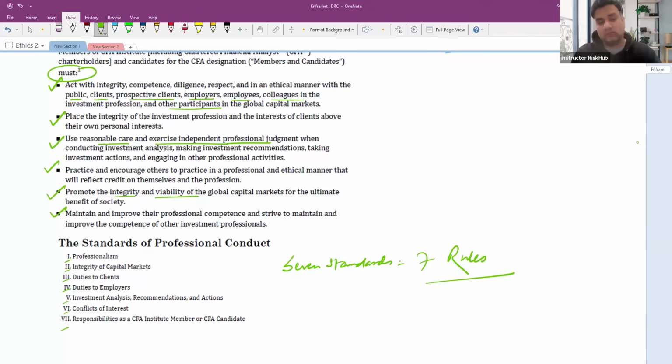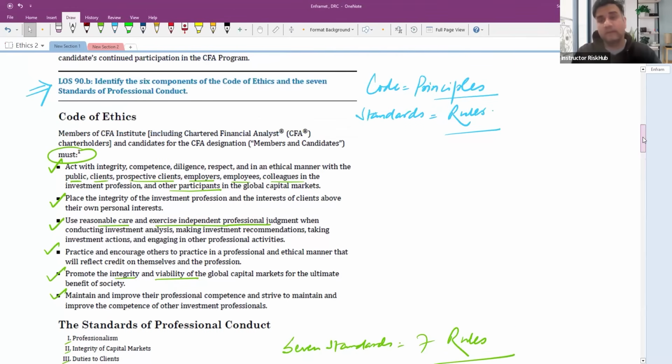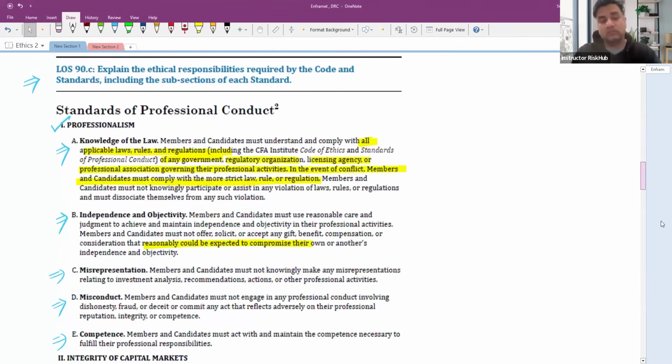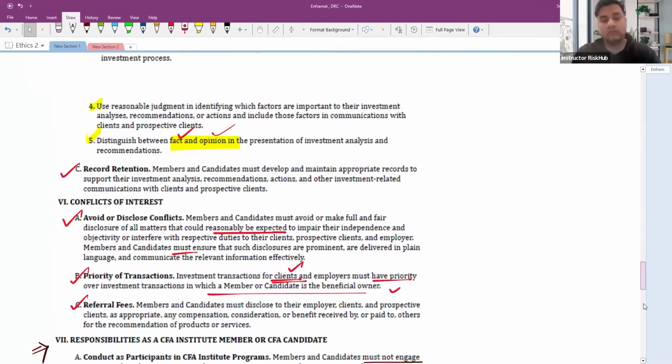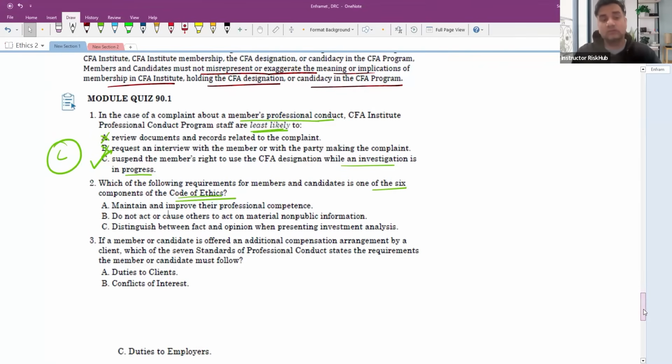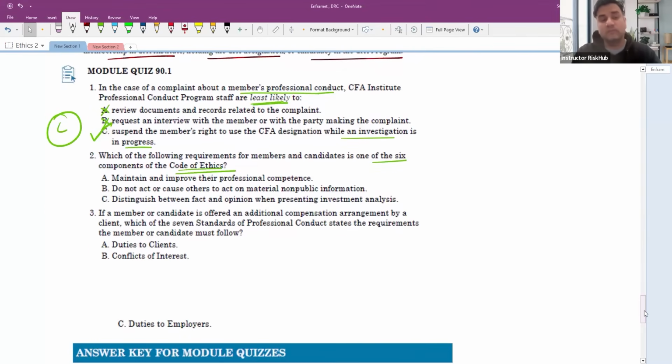Standards are about professionalism, integrity, duties to clients, and duties to employers. As I told you initially, one is principles and the other is rules. The question asks which of the following requirements is one of the six components of the code of ethics, so we are asking which one is a principle.